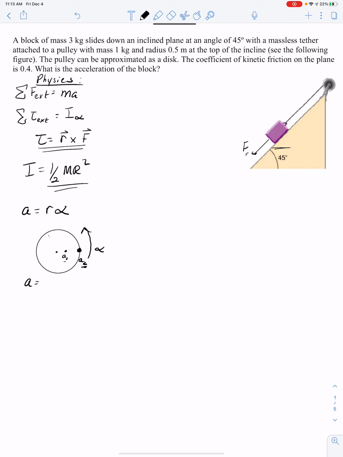So given our equation, and I already have it here, notice that as my radius increases, so will my tangential acceleration. In this case, acceleration 1 is smaller than acceleration 2 because the radius is smaller. That's why we have to account for the link equation, which is a equals radius times the angular acceleration.